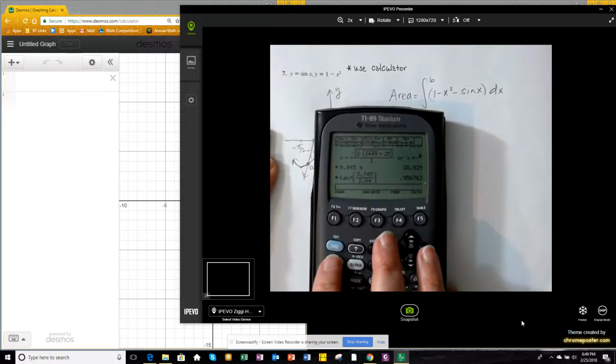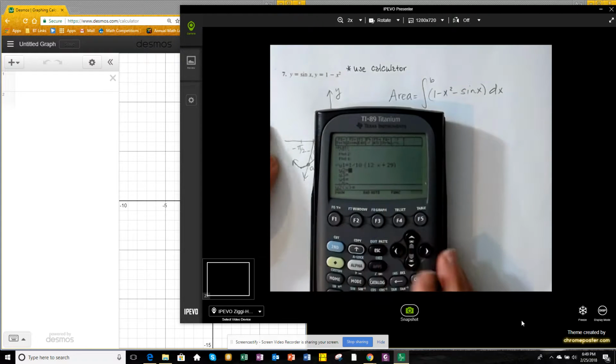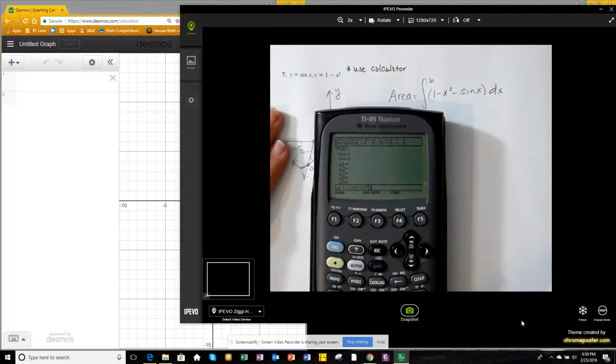So I'm going to go to y equals and put in my curves. I'm going to put into y1, 1 minus x to the second. Oops, I'm sorry, go back. Escape. That's 1 minus x to the second, and for y2 we're going to go second, sine of x.